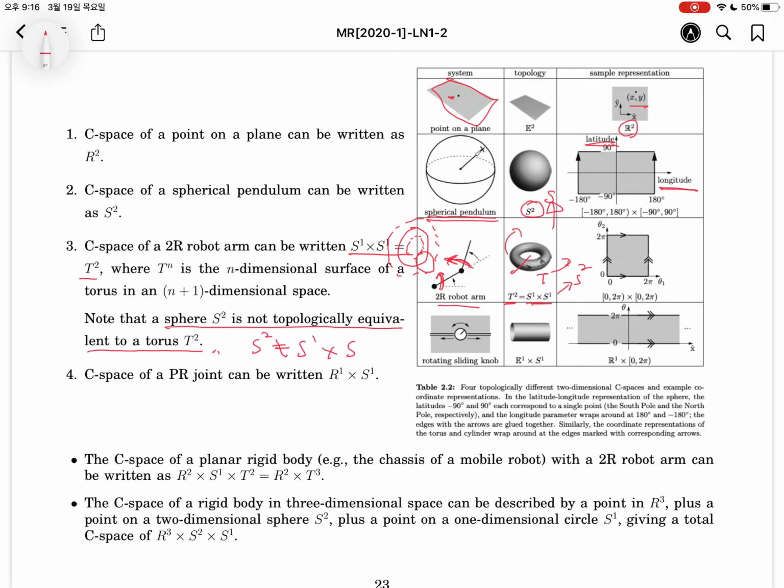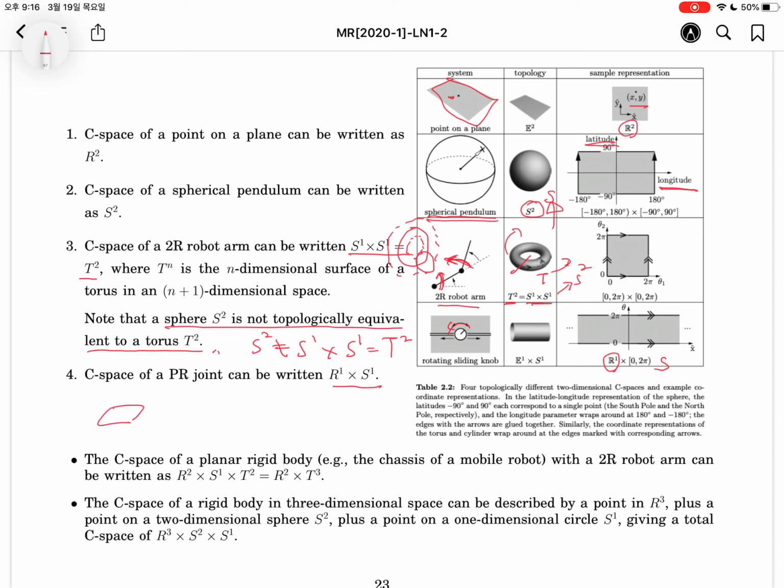So S2 does not equal S1 times S1 because this is the T2. Okay, the PR joint is here. The prismatic part will be described by a real number, and the rotation angle will be expressed by the S1. So R1 times S1 will be enough to denote the configuration space of the PR joint.